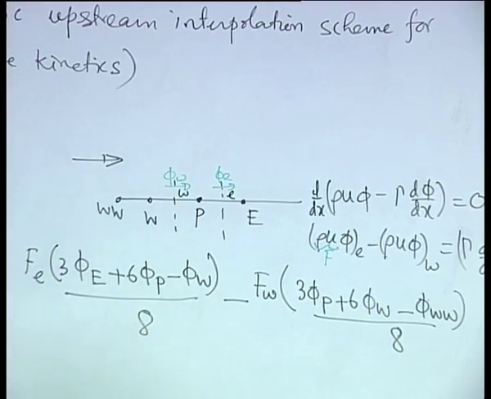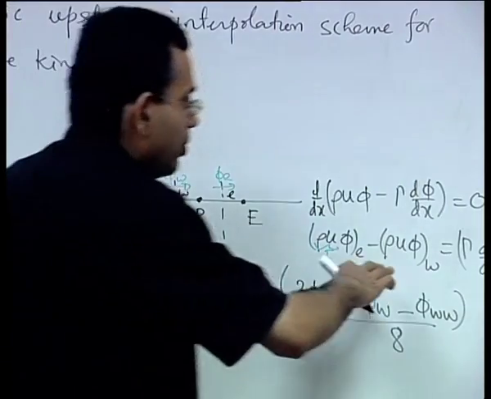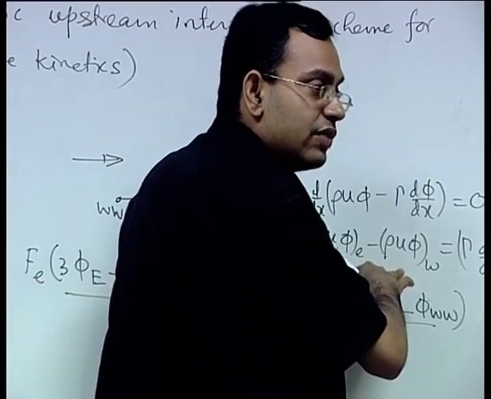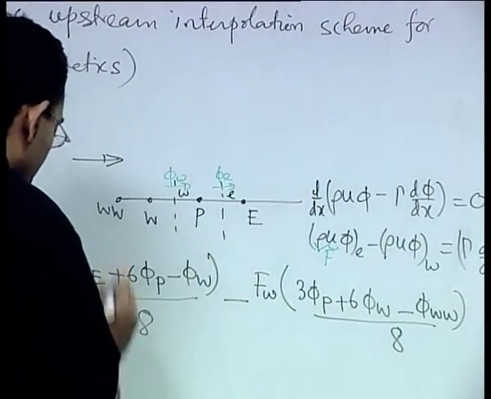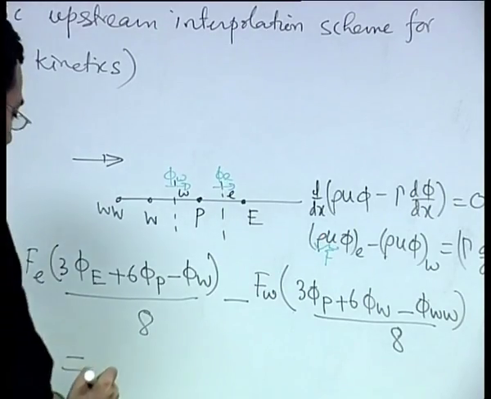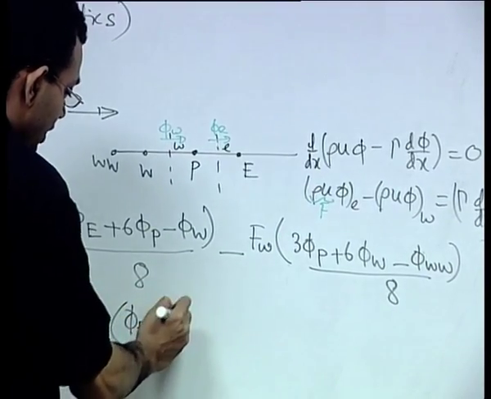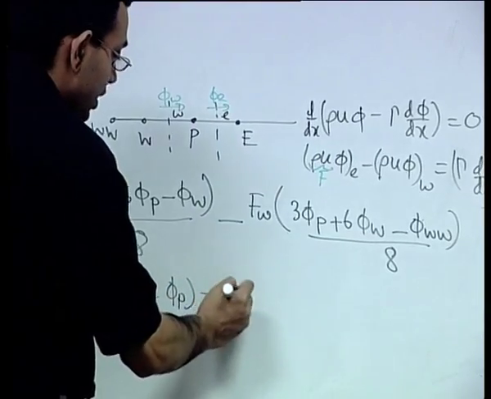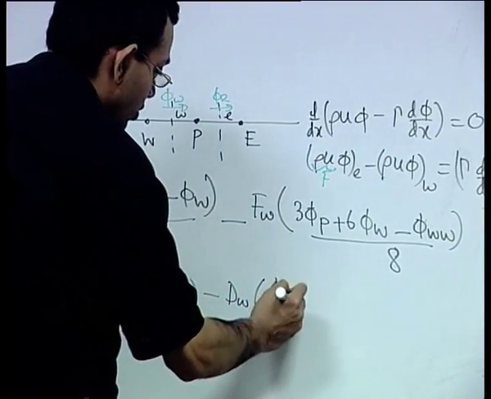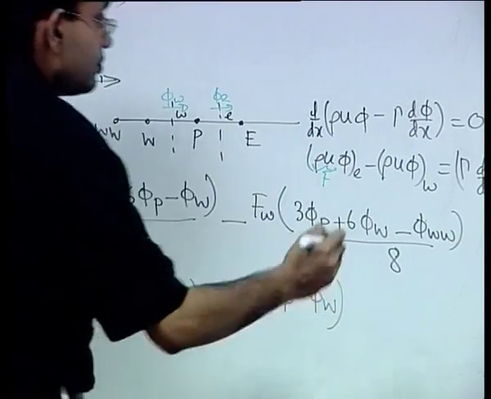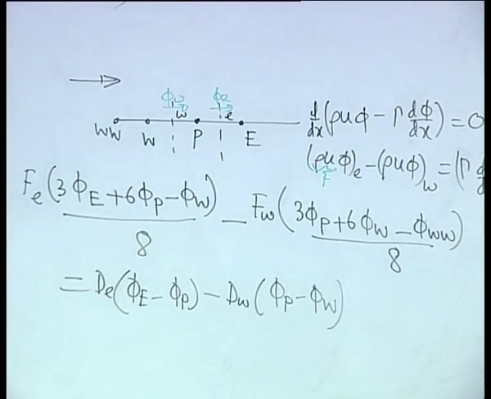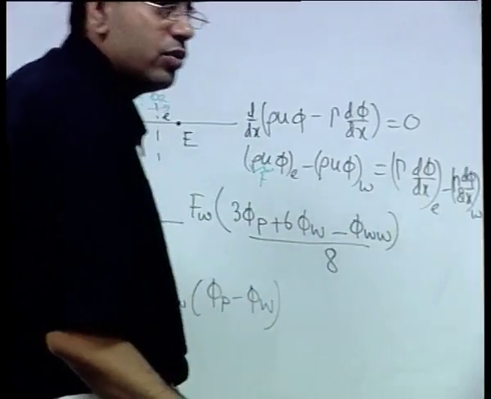The diffusion term profile you can still take the piecewise linear profile, because the whole problem was associated with the representation of the advection term. So diffusion term you can write De into phi E minus phi P minus Dw into phi P minus phi W, where De is gamma e by delta x e and Dw is gamma w by delta x w.